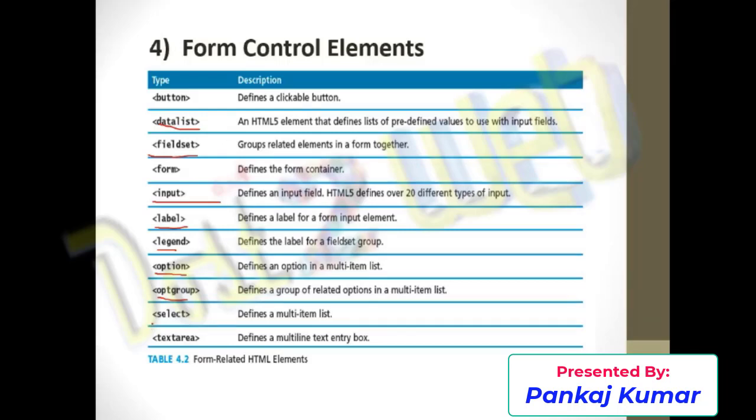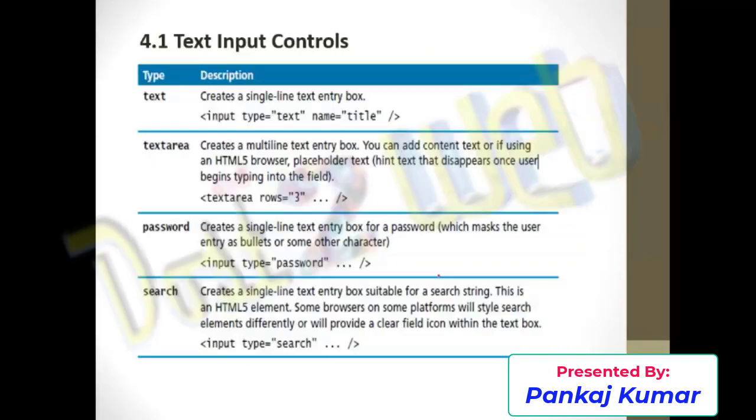Then you want to use the selection box. You want to use text area, that means if you want to fill in the address, then you can use it here. So this is how you can use the several different kinds of form control in your web programming.